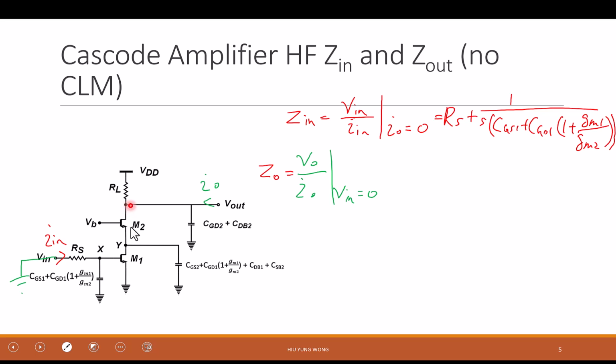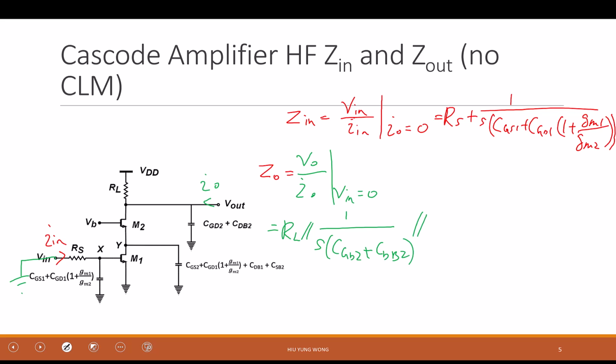Common source with degeneration and RL. So you have three paths, and they are all in parallel. So this equals RL parallel what you just said, CGD2 plus CDB2. Then the whole thing parallel the common source with degeneration.